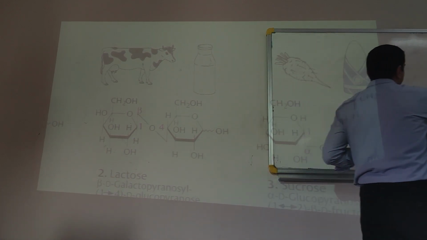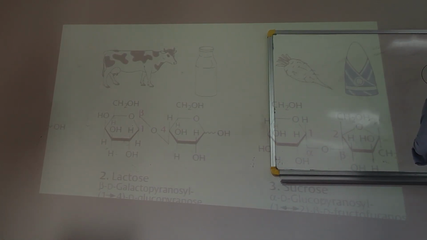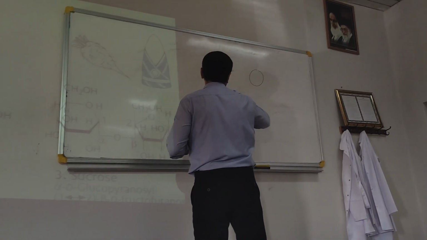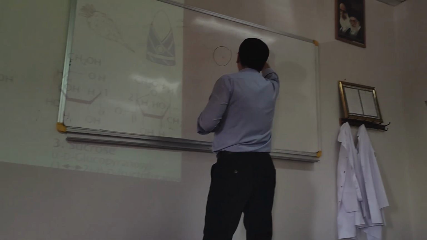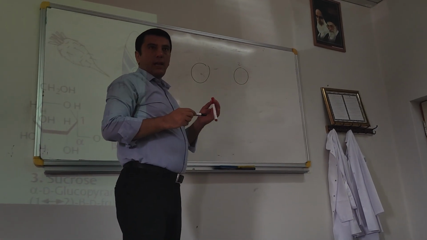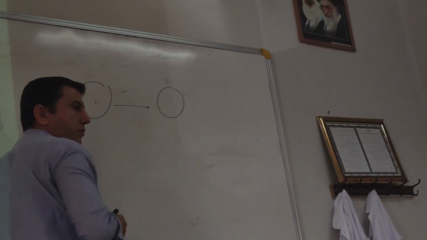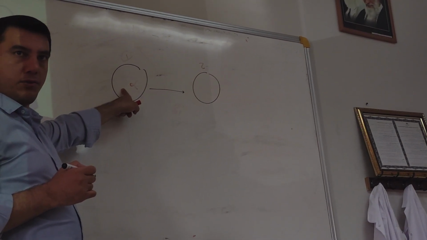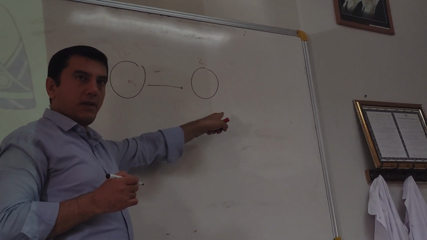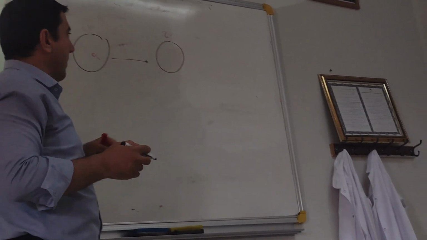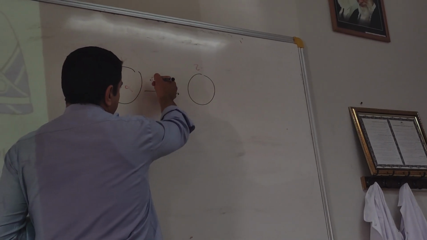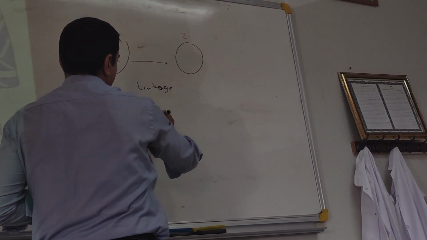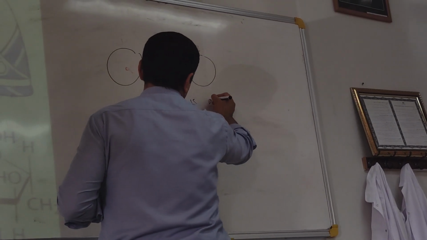If we have two sugars, with the alpha sugar number 2, and we want to link these two sugars with each other, if an alpha sugar is linked to another sugar, this type of linkage is alpha.